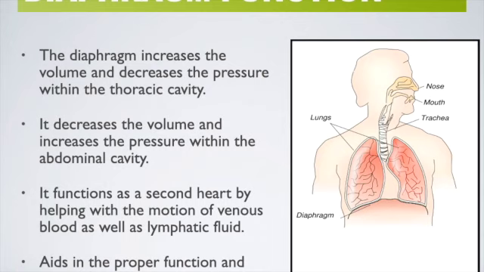The obvious function of the diaphragm is to create a vacuum in the upper thorax to facilitate air coming into the lungs. It also creates positive pressure in the lower abdomen, which is essential for moving the fluids around within and around the gut, liver, as well as moving lymph.